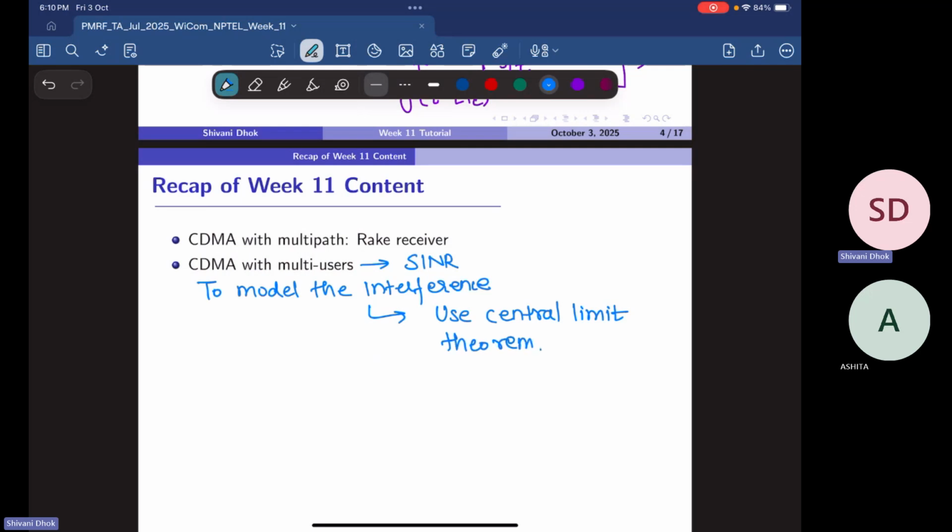What the central limit theorem gives us is that for a large number of users, this interference can be modeled as a Gaussian random variable.